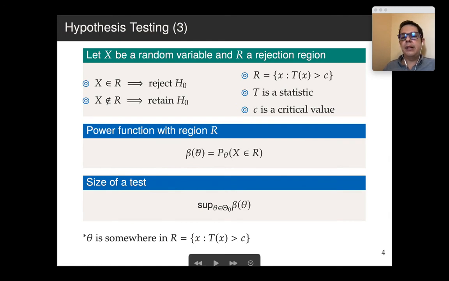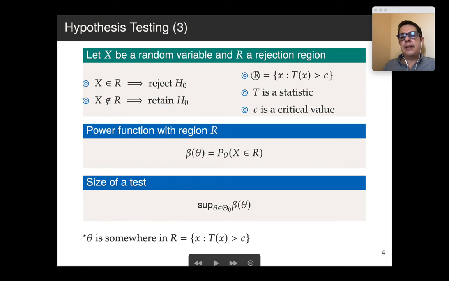Let X be a random variable, and let's define with this random variable a rejection region R. That means if X belongs to the rejection region R, then we reject the null hypothesis H0. If X doesn't belong to R, then we retain the null hypothesis H0.